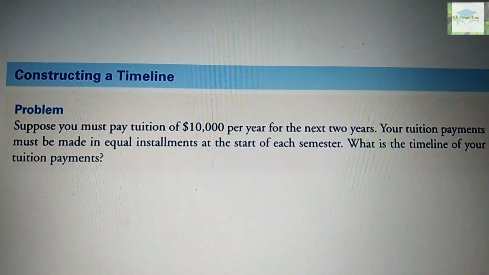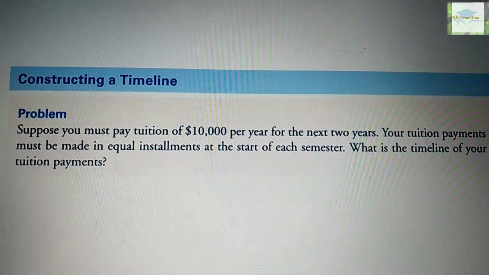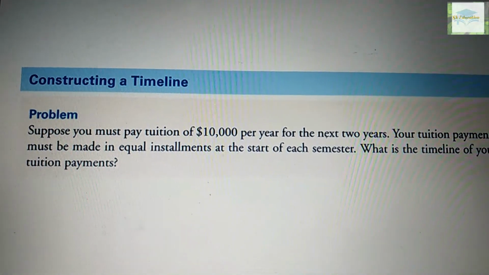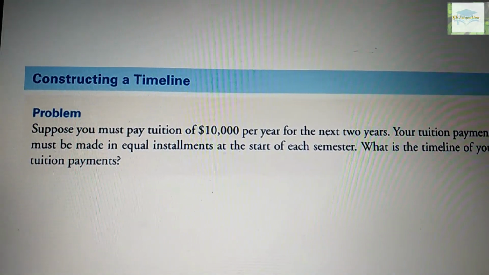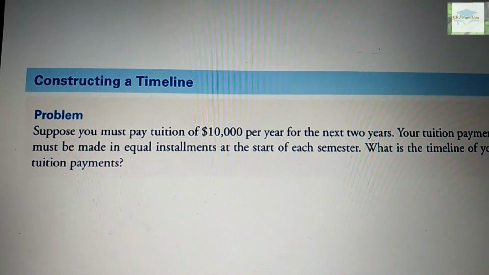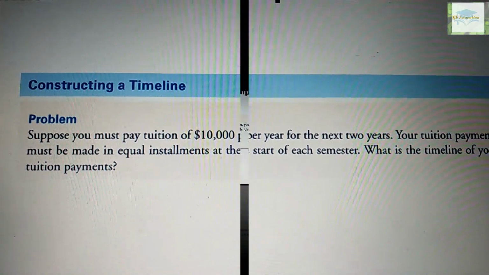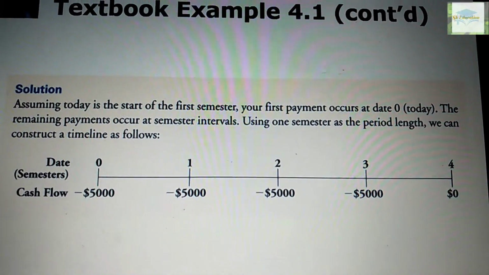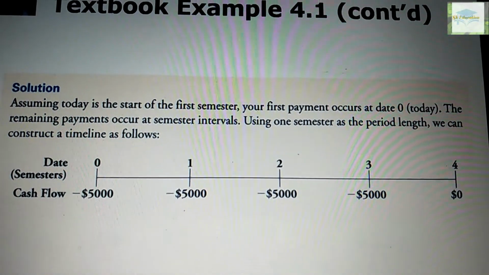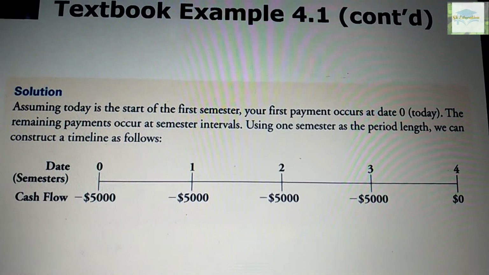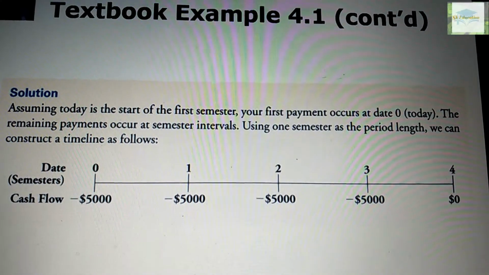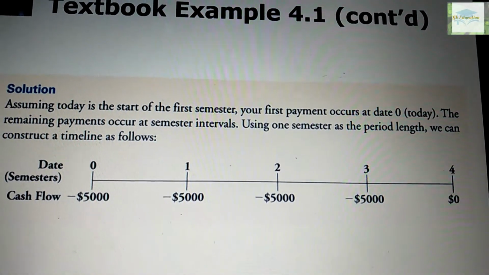Students, one more question. Suppose you must pay tuition of 10,000 per year for the next 2 years. The tuition payment must be made in equal installments at the start of each semester. What is the timeline of your tuition payment? So here we have the answer, students. Assuming today we start the first semester, the first semester payment occurs at date 0 because the payment is at the beginning of the semester.